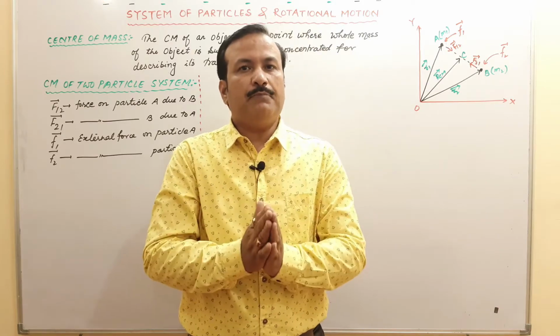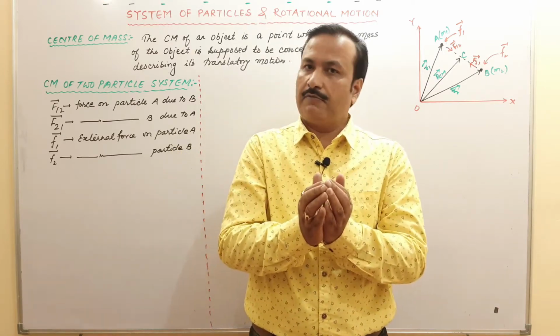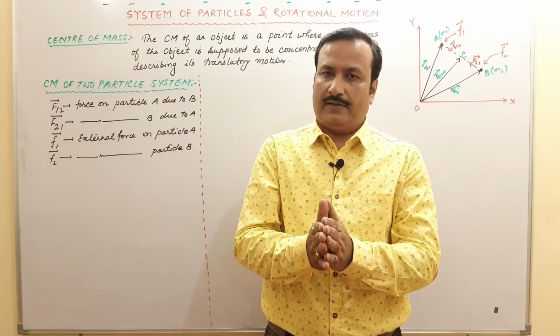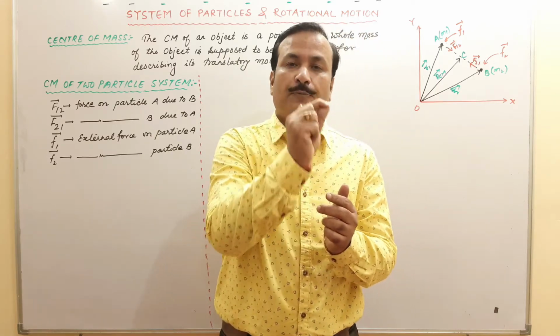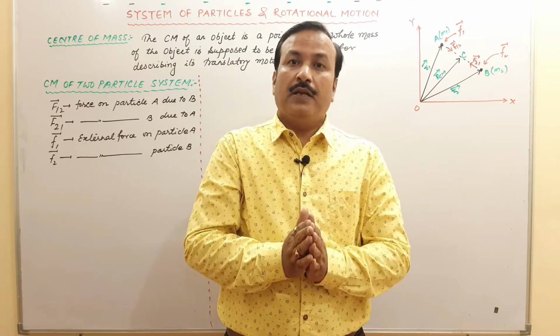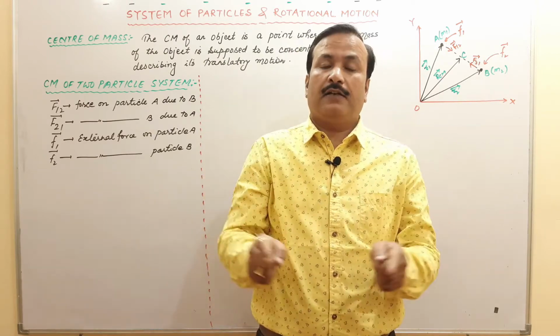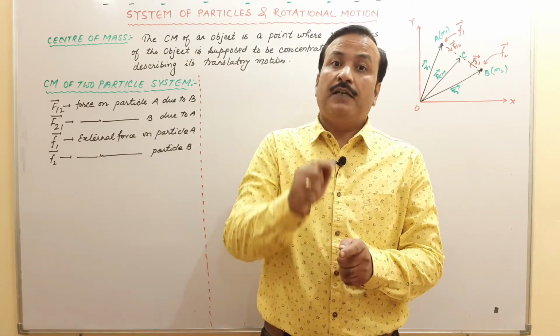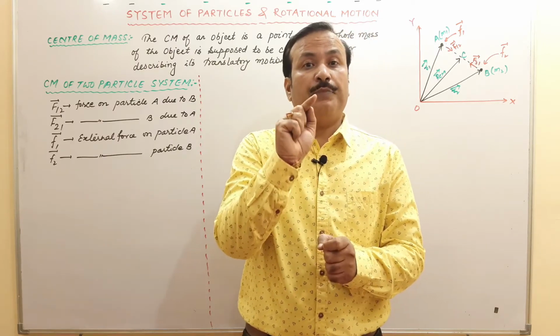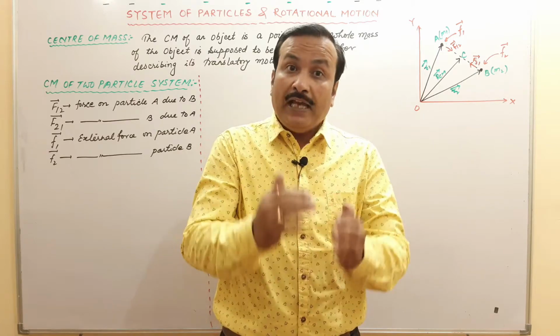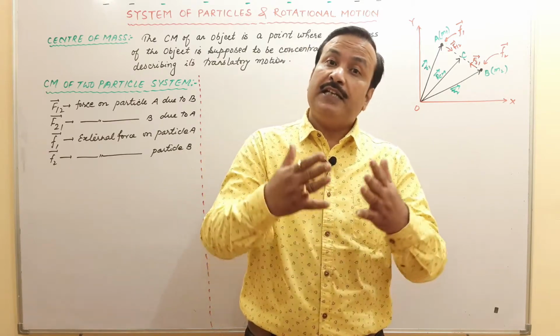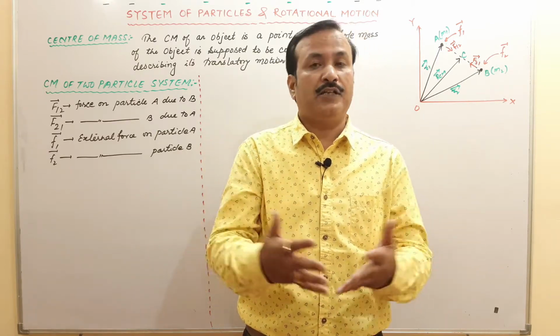If we talk about a sphere, a solid sphere, everyone knows what a solid sphere is. In it, the center of mass is at the center. If we consider a ring, in the ring also the position of the center of mass is the center of the ring, where actually there is no mass of the ring at all.